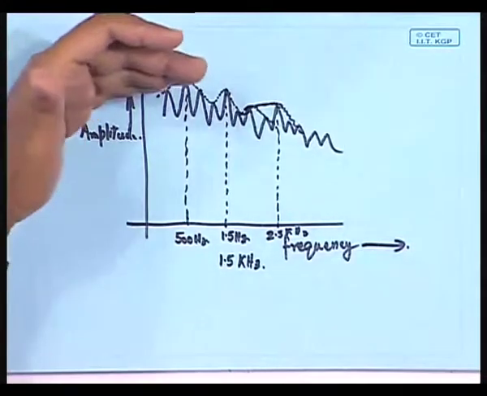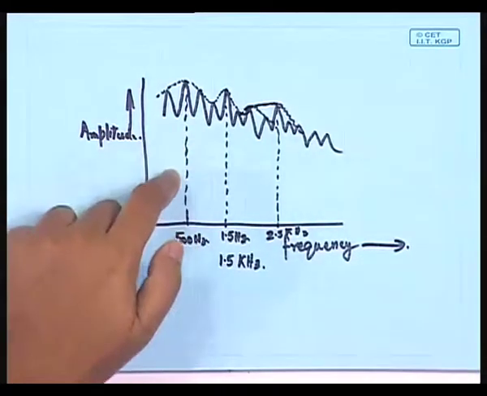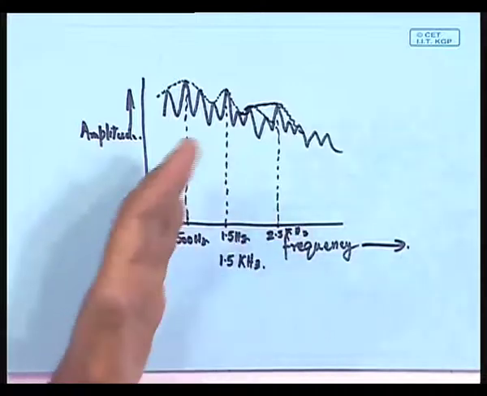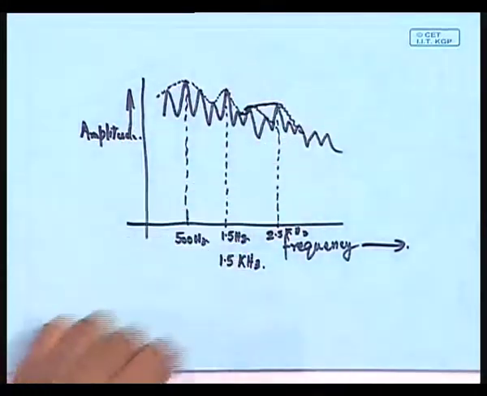In between these formant frequencies, you also have the variations arising out of the pitch frequency.